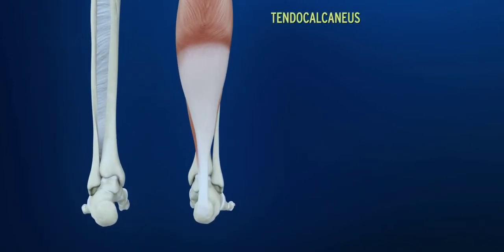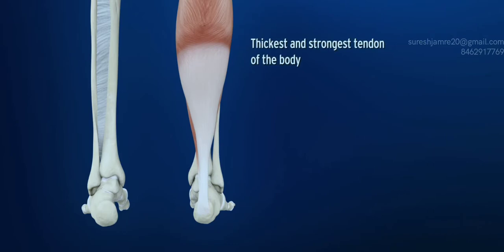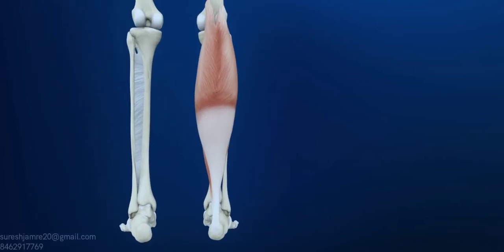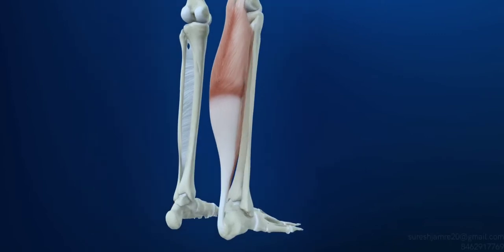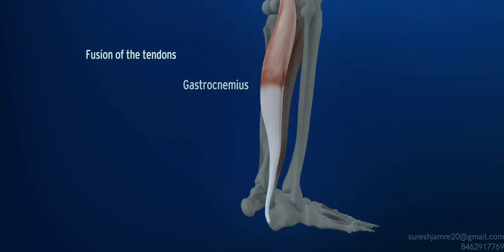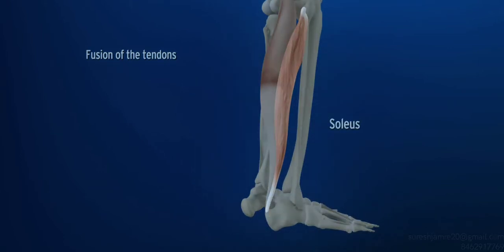Tendocalcaneus. It is also known as tendo-Achilles. Tendocalcaneus is the thickest and strongest tendon of the body. It is about 15 centimeters long. It begins at the middle of the posterior compartment of leg, formed by the fusion of the tendons of gastrocnemius and soleus.